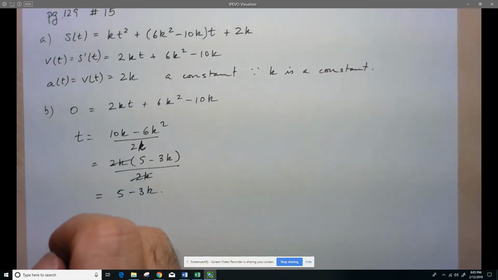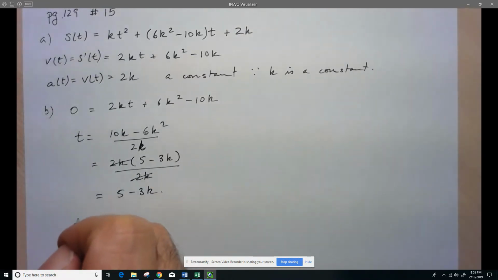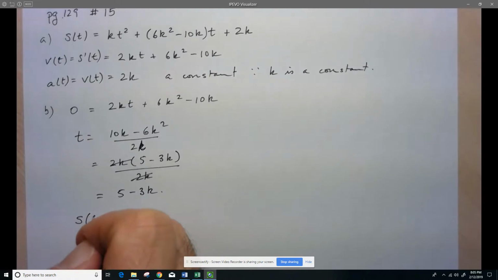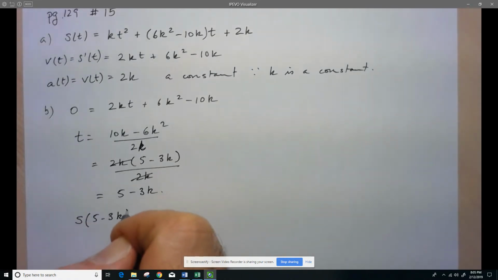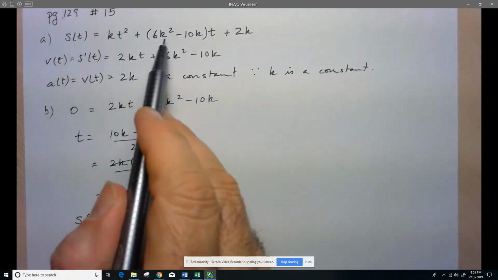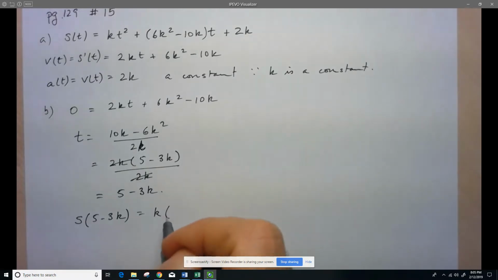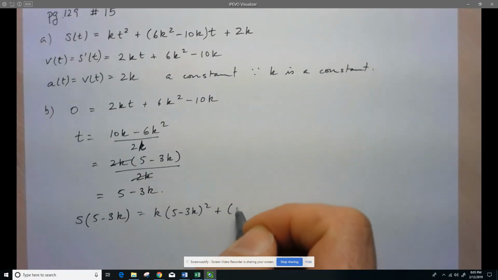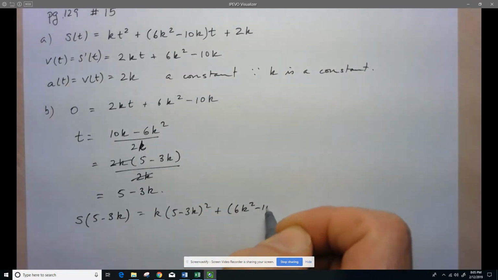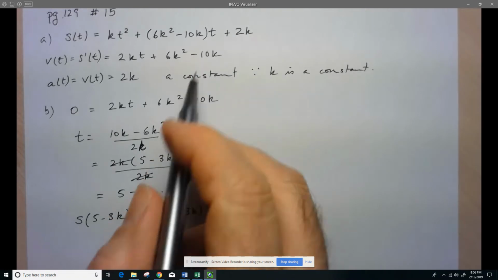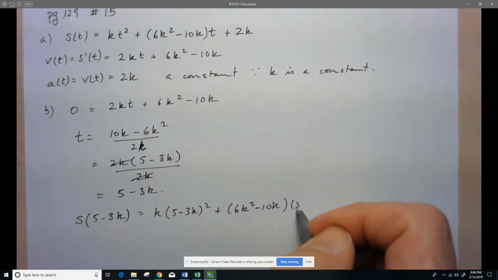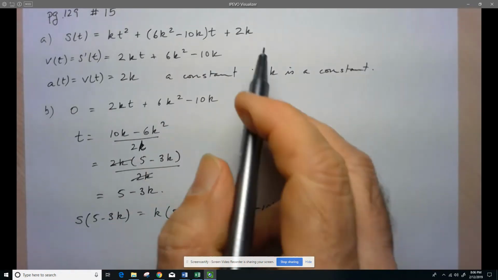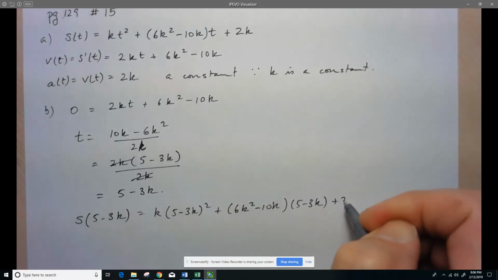Okay, so this is the part that I think is going to be pretty annoying, so we have to find the position at 5 minus 3k. All right, so let's just take that here. It's k times t squared, so 5 minus 3k squared, and then plus this expression here, 6k squared minus 10k times t, which of course is given by 5 minus 3k, and then plus 2k.